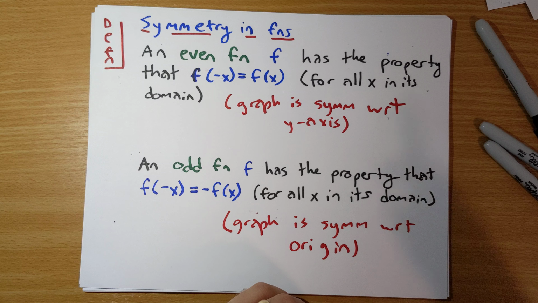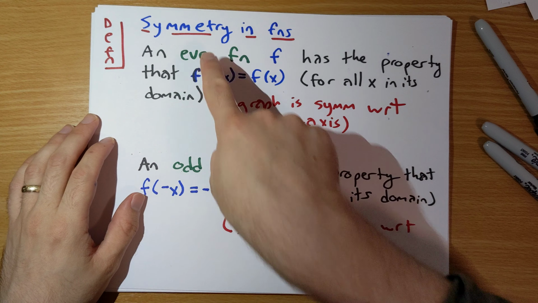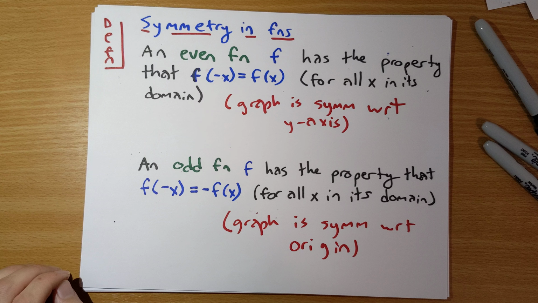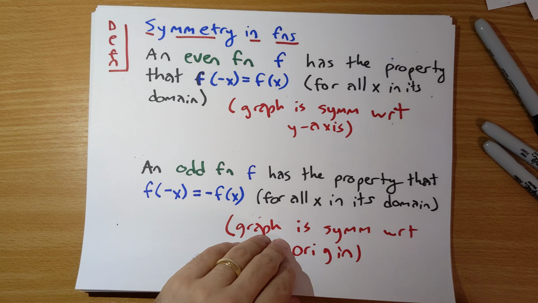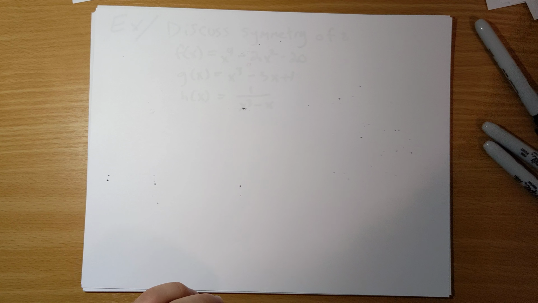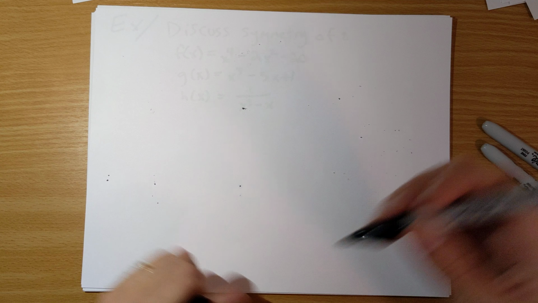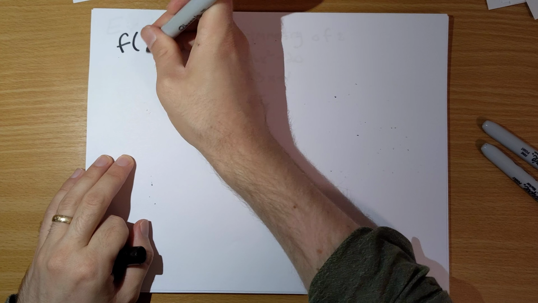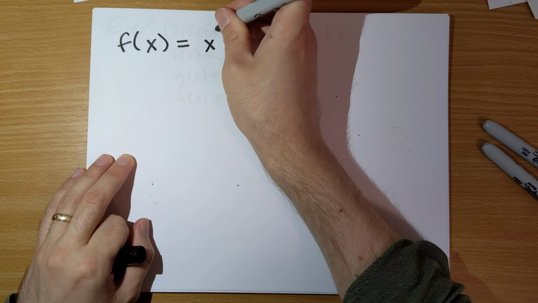Now you might be wondering, why are we using even and odd? Even and odd are adjectives that we usually use to describe numbers. 4 is an even number, 7 is an odd number. As it turns out, there's a good reason for that. Let's consider f(x) = x^4.